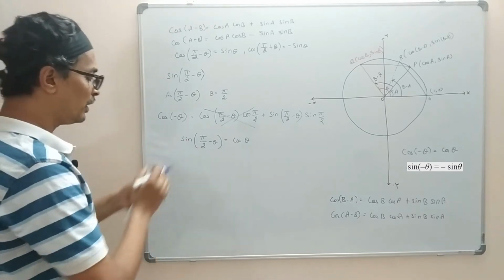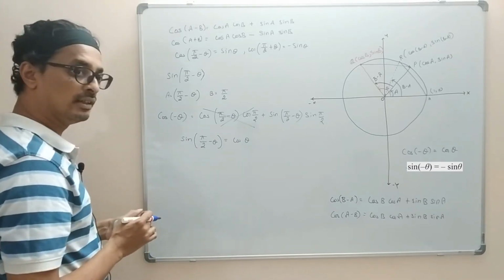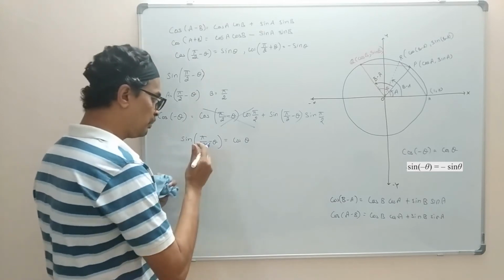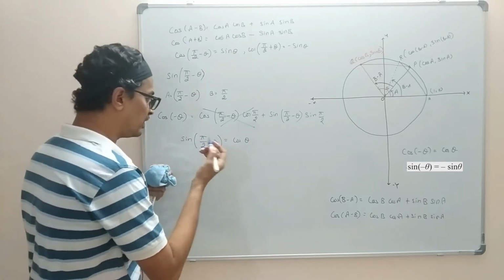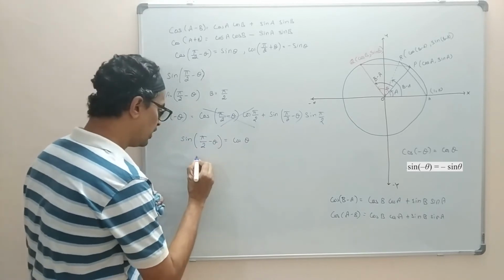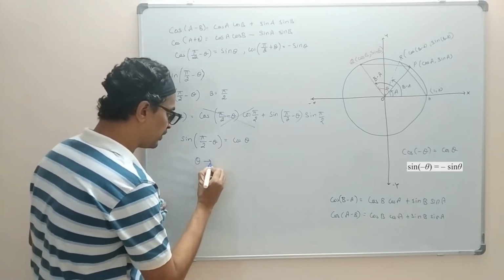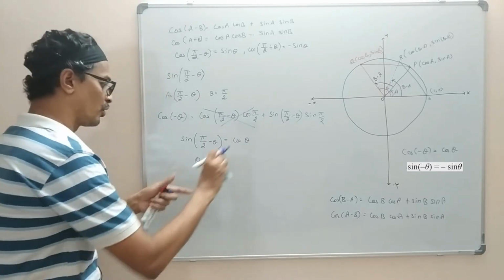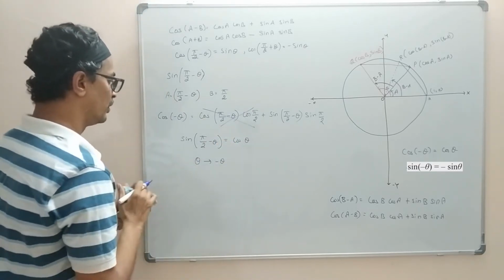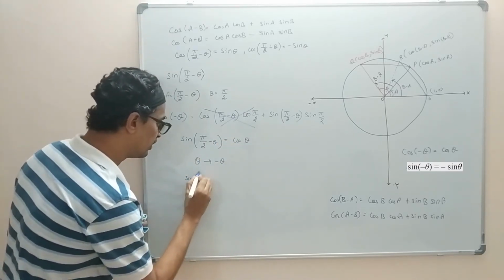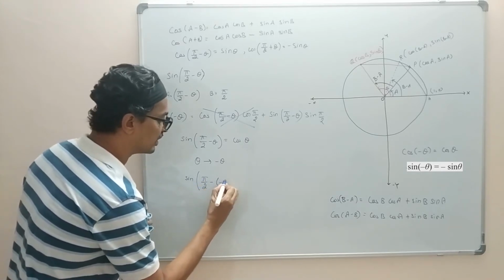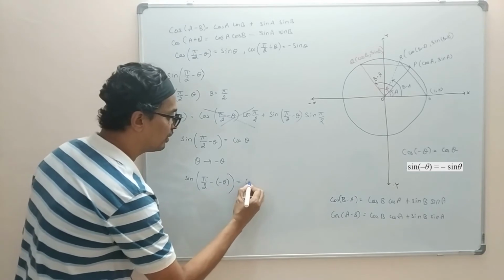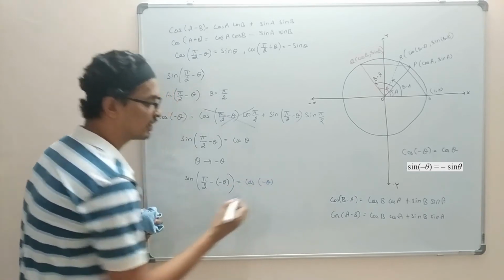Okay, so if I want to get sin(pi by 2 plus theta), simple: change the sign of theta. If I replace theta with minus theta, then sine(pi by 2 minus of minus theta) will be cos of minus theta, correct?